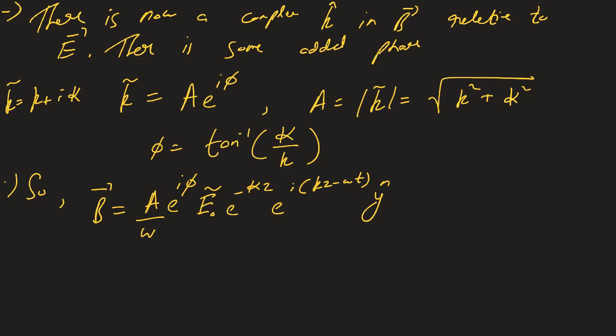So this phase, this term, basically what you have is e to the power minus kappa z times e to the power i(kz minus omega t minus phi).